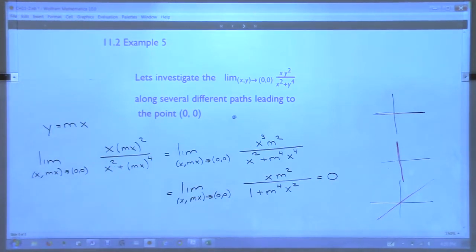Go ahead. y equals mx to the n. Oh, so you want to use an arbitrary power function. We could do that. To take smaller baby steps, maybe we can try something like you're suggesting and go to a higher power of x. Instead of approaching along a linear path, let's approach along maybe a parabolic path.